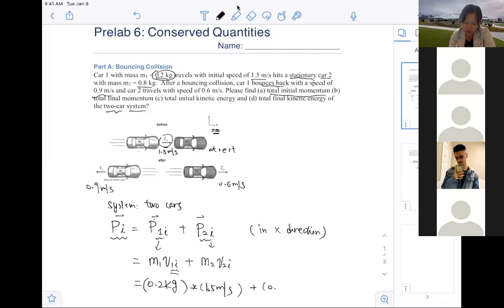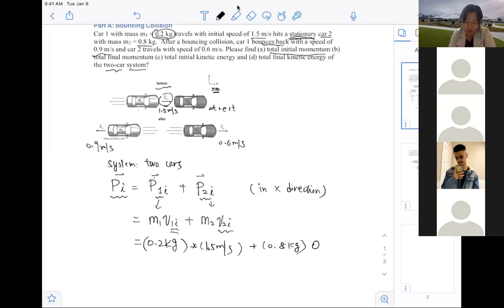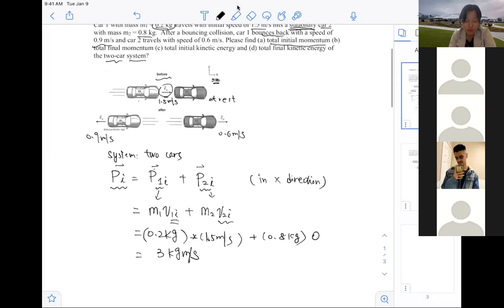Now car 2 has a different mass, and the initial velocity of car 2, is that given to us? No, it isn't. It would be 0. It's stationary, meaning that before the collision happens, initial means before collision happens, it's 0, it's staying at rest. So this one is 0. Now really, you can just get your initial momentum to be 3 kilograms times meters per second for the 2 cars. Now, that's the first part.